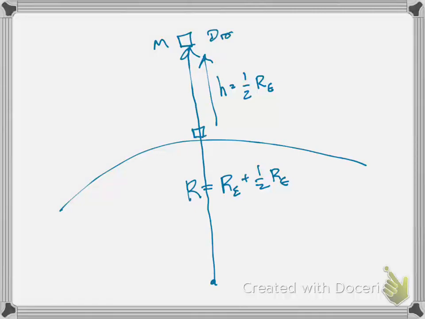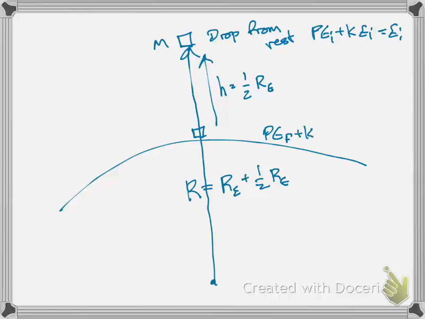So if I drop it from rest, how fast is it moving at the surface of the Earth? Well, we're just going to do this as an energy conservation problem. We're going to say PE initial plus KE initial is the total mechanical energy at the highest height.